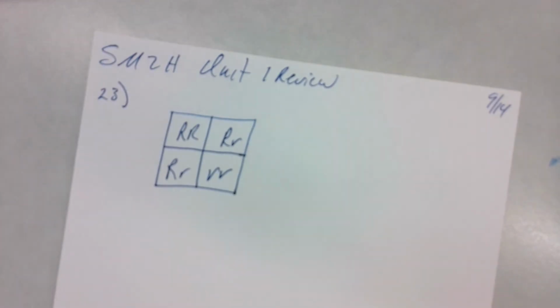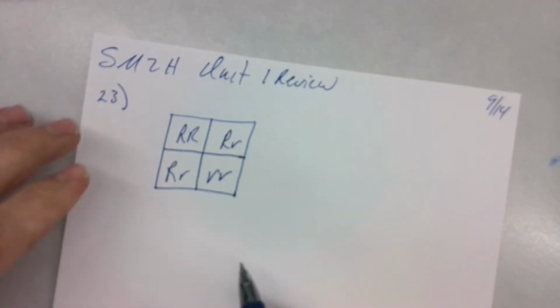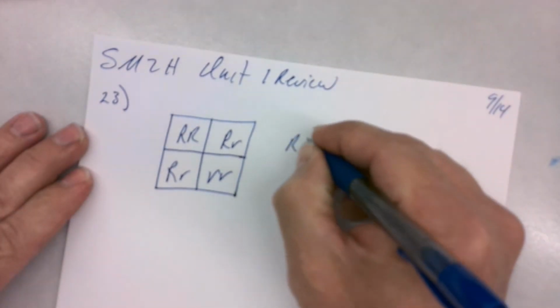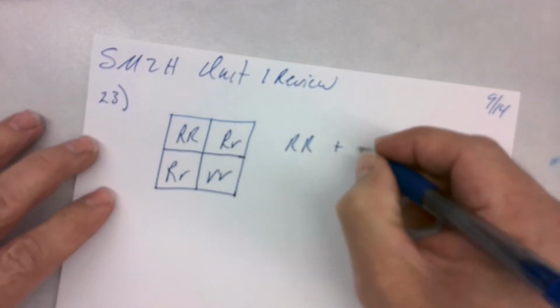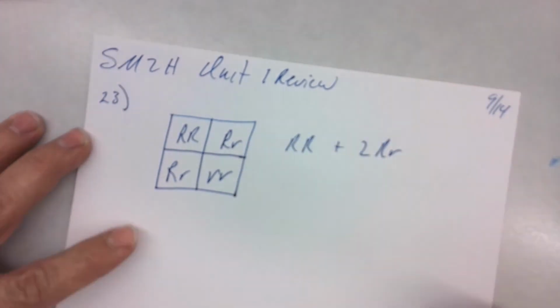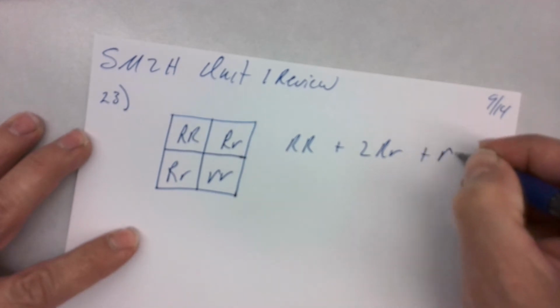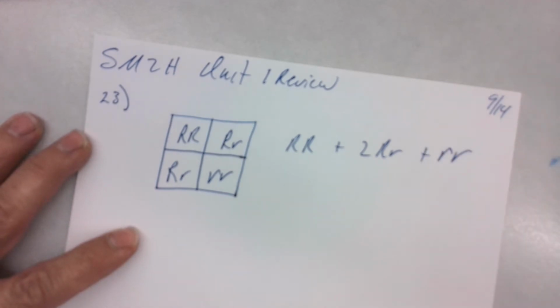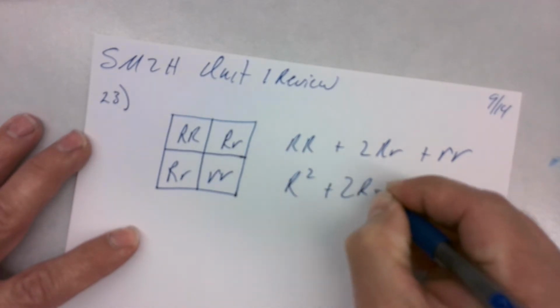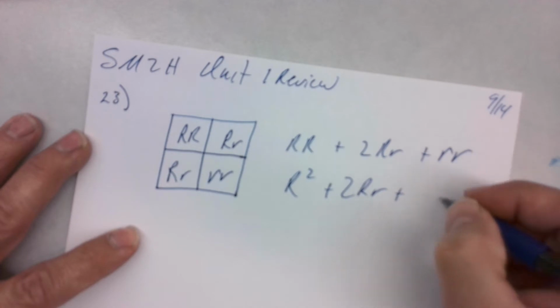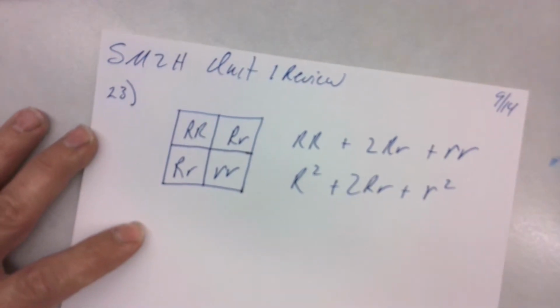Now, if you look at this, what you basically have is big R squared, plus 2 big R little r, plus little r squared, right? Okay?